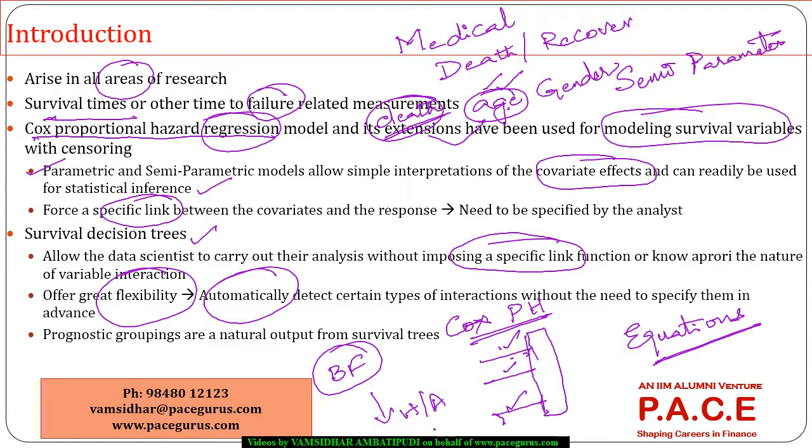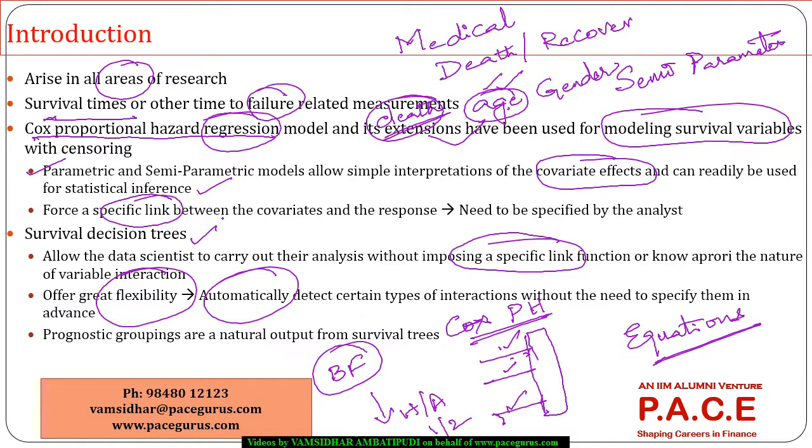Or I may say that it might differ based on whether he is playing in the first innings or the second innings. Now, I really don't need to give all these relationships explicitly. If I give a list, it can identify the scenarios where the influence exists and where the differentiation does not exist. So prognostic grouping is something that comes out as a natural output from survival trees.